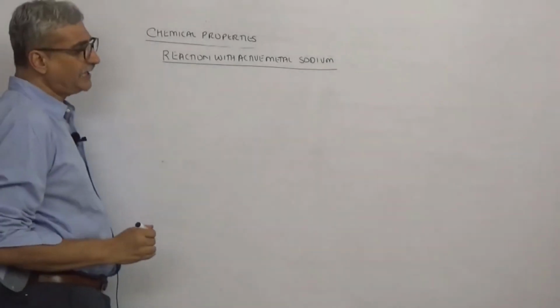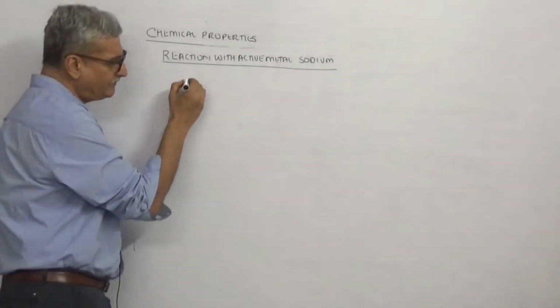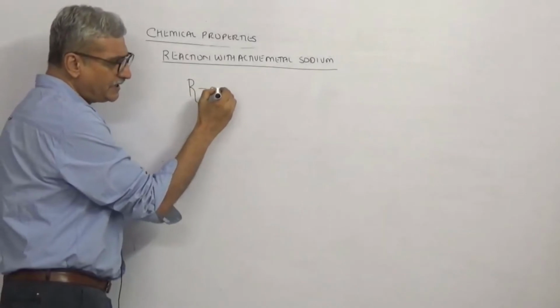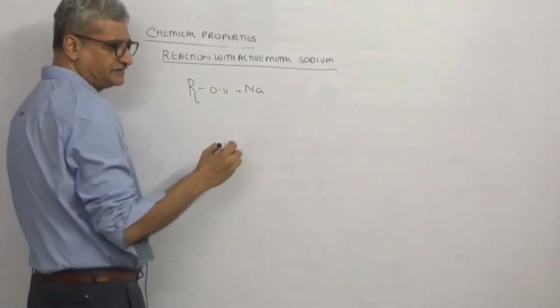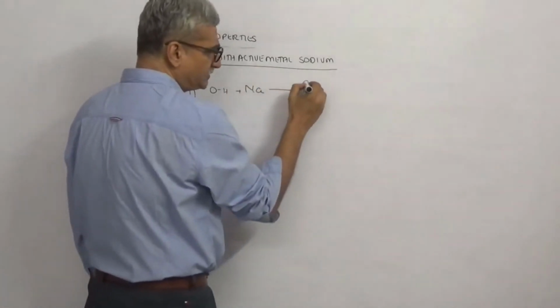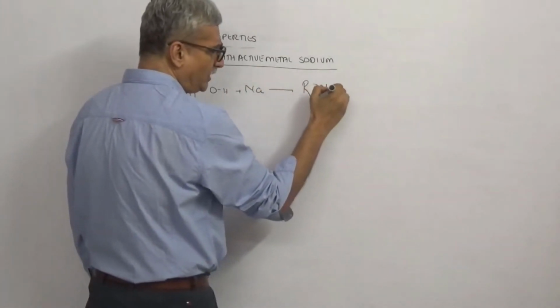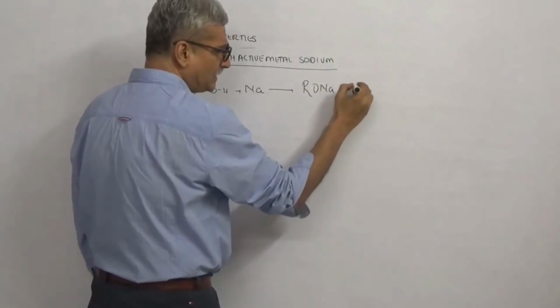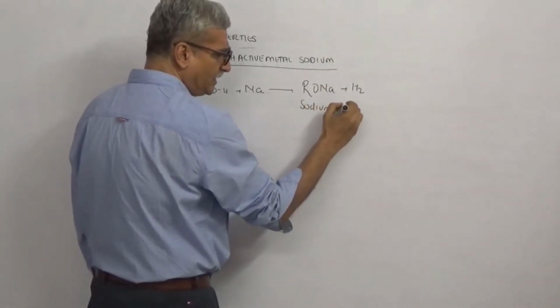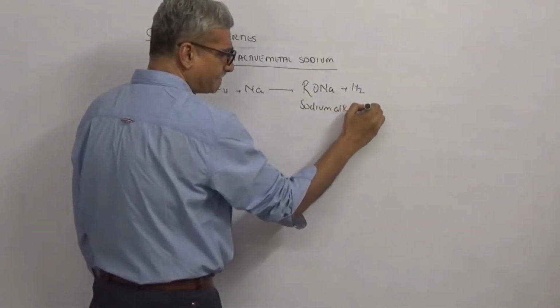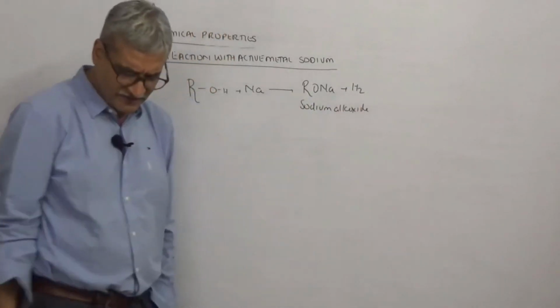ROH, the alcohol, reacts with sodium metal, and what does it form? It forms RONa, liberating hydrogen. This is called sodium alkoxide. Very simple.